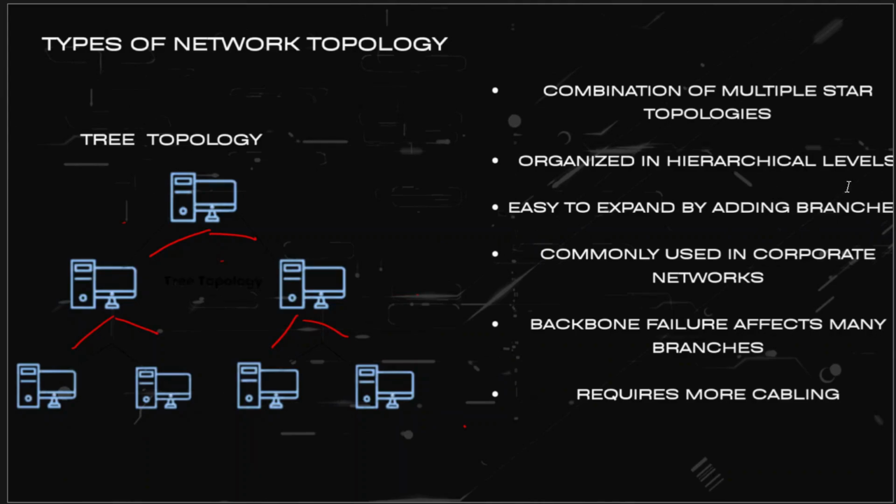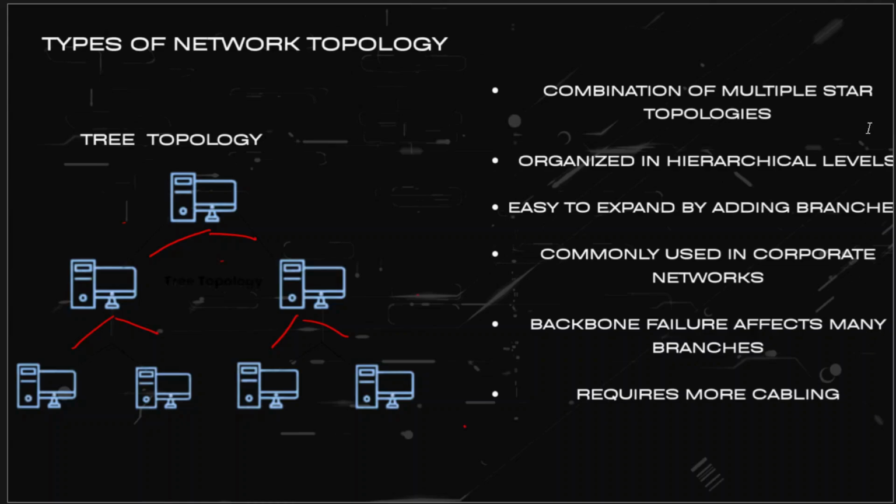Now let's go big. Tree topology is a combination of star and bus. It's hierarchical. You have a main backbone cable, and from that trunk, several star networks branch out. A real life example is the main fiber line connecting all buildings, with the branches being each building, like a library.